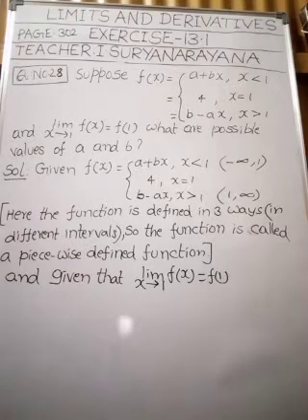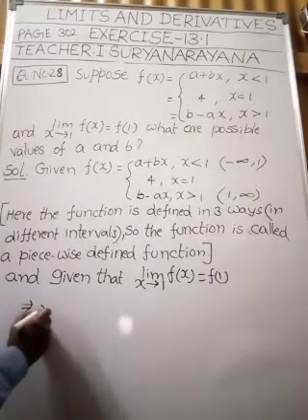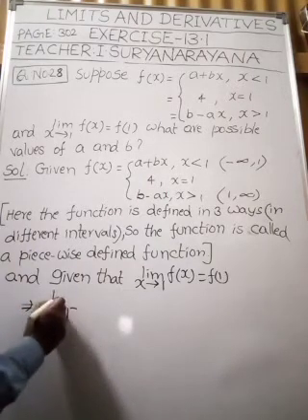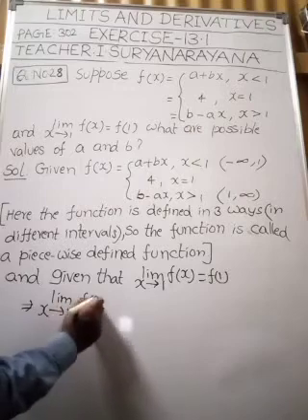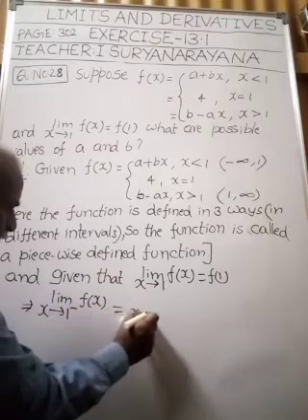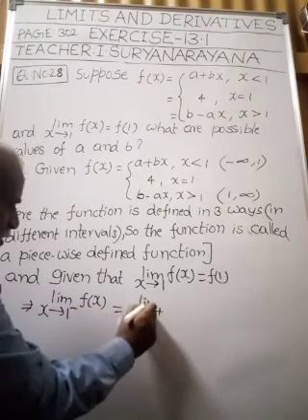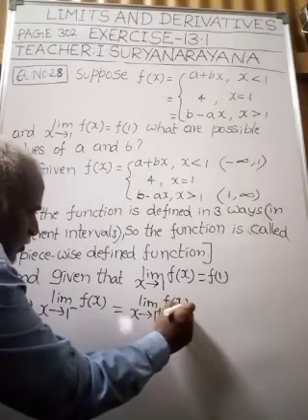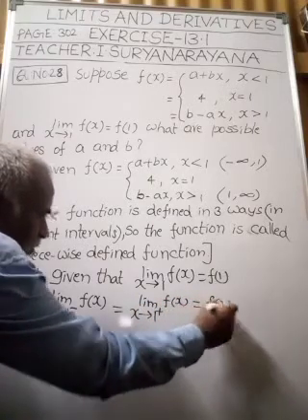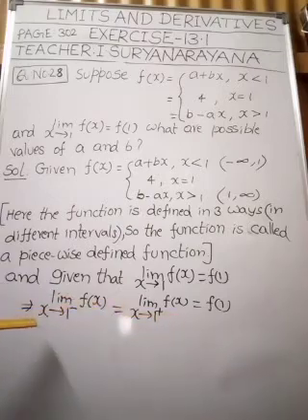So here as x tends to 1, limit of f of x means as x tends to 1 minus limit of f of x is equal to as x tends to 1 plus limit of f of x is equal to f of 1. Understood this point, my children?